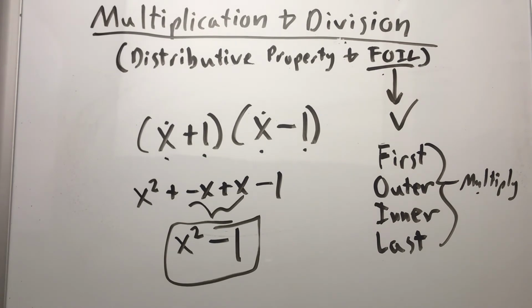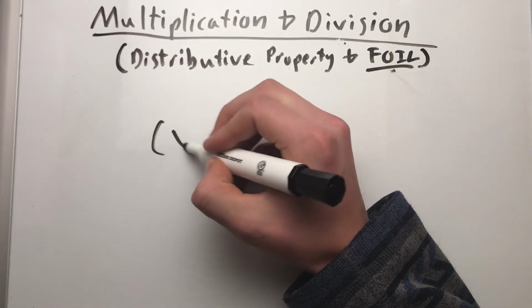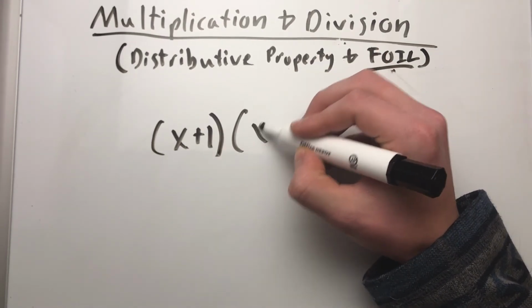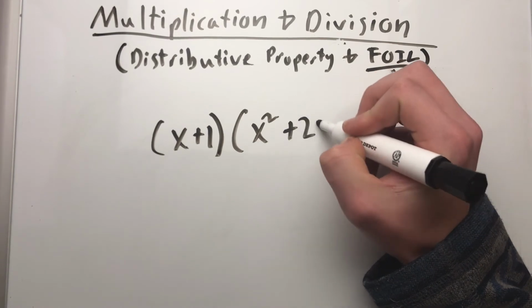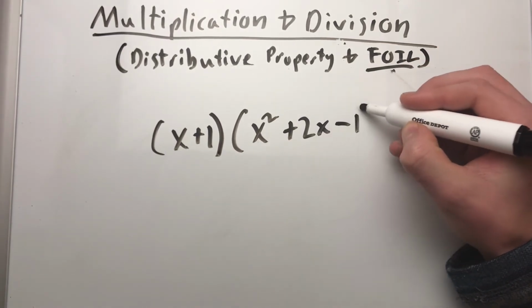And this FOIL method is basically just another version of the distributive property. Now, just for fun, let's try multiplying two polynomials where one of them has 3 terms instead of just 2. So let's try x plus 1 times x squared plus 2x minus 1.